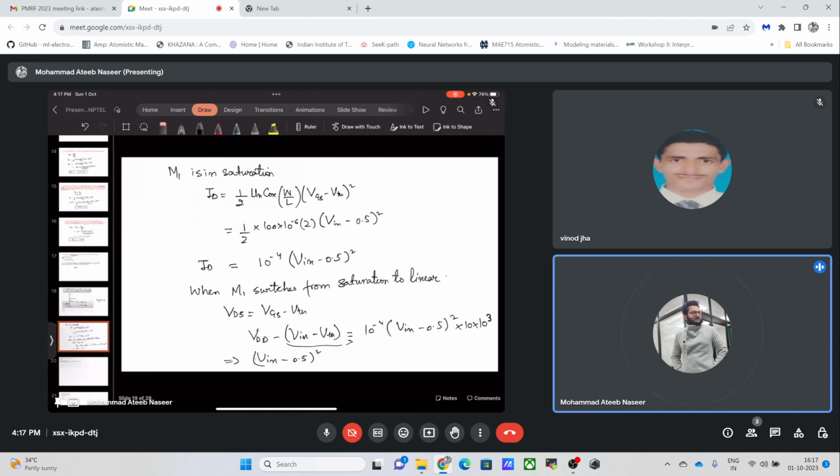Let's take it to this side itself. It will be Vin minus VTH minus VDD equal to 0, and this VTH is 0.5.